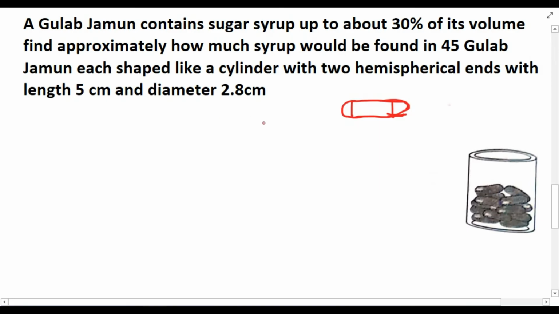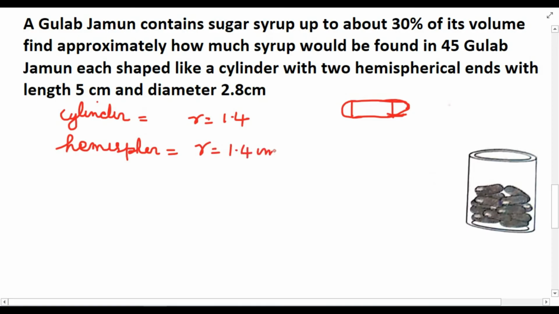The length of the gulab jamun is 5 centimeter and diameter is 2.8. So for the cylinder, we have the radius as 1.4 because diameter is 2.8. For the hemisphere also, the radius remains the same, 1.4 centimeter.